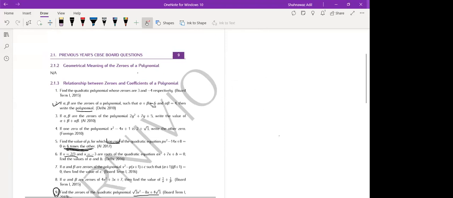So we have these zeros, right? Alpha is 3 and beta is minus 4. So please tell me what is the quadratic equation. Okay, sir.